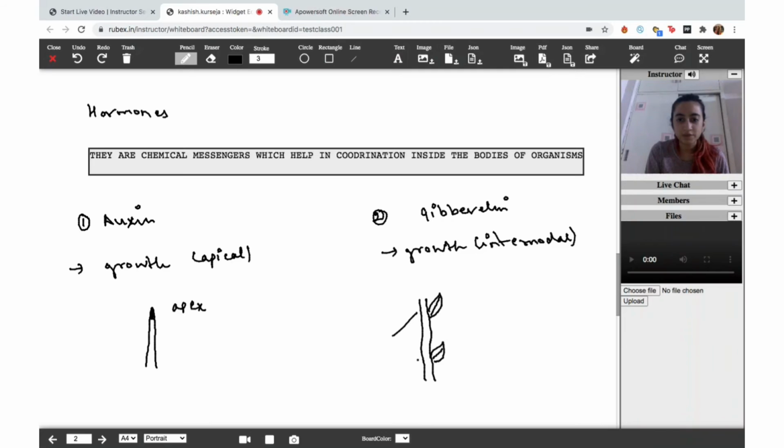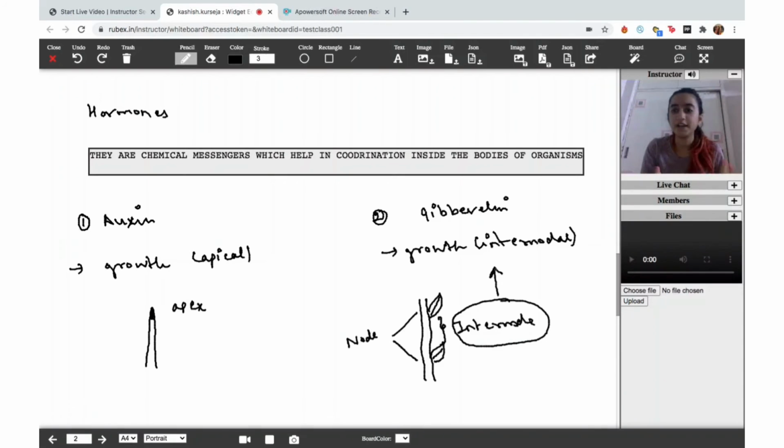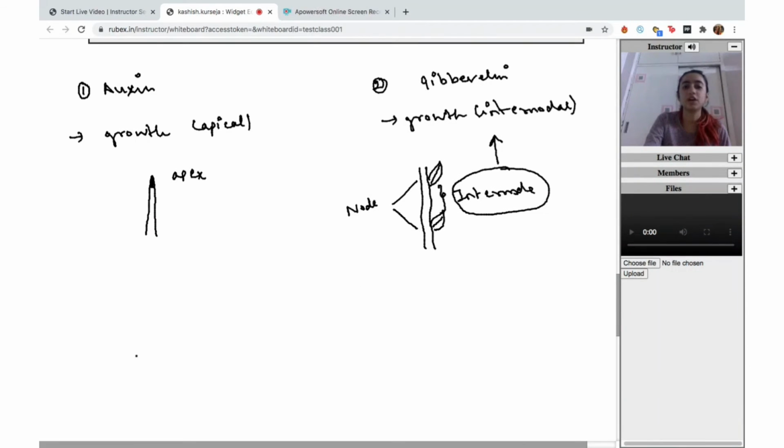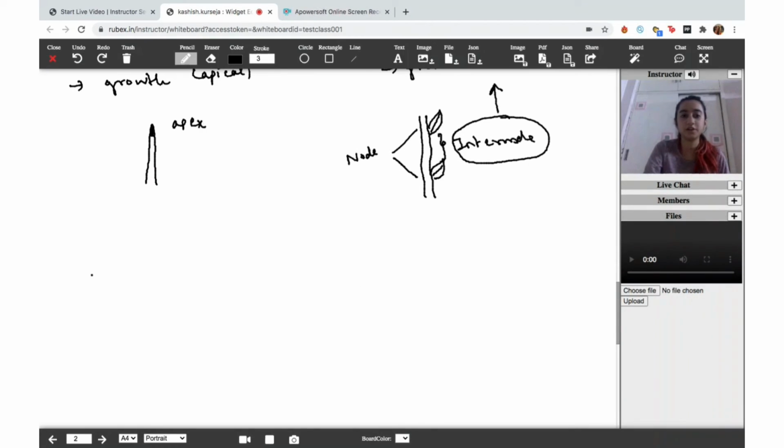So the points from which leaves come out is known as a node. And the distance between two nodes is known as the internode. ये जो internode की growth है, this is mediated by gibberellin. कि ये जो बीच का हिस्सा है स्टेम का, बेसिकली बढ़ा तो ये भी हाइट ही रहा है, but it's actually working in a different way. This is how it's helping to increase the height of the plant.